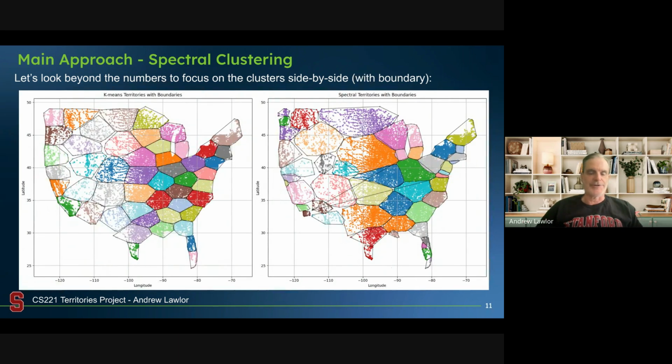And on this diagram, you can see with the boundaries highlighted even further, it pops out at you how the algorithm is automatically able to find these population centers and geographic features that make for more natural territories.